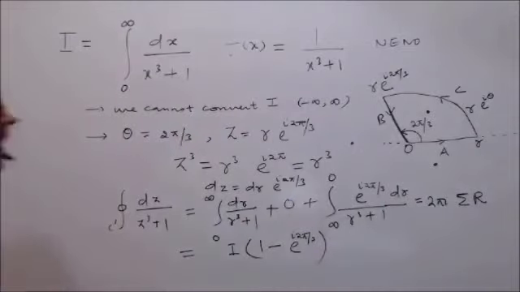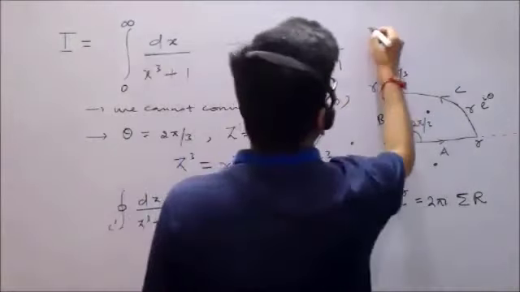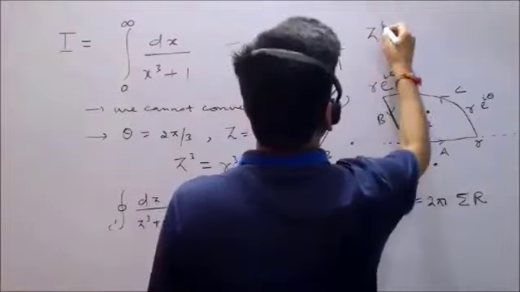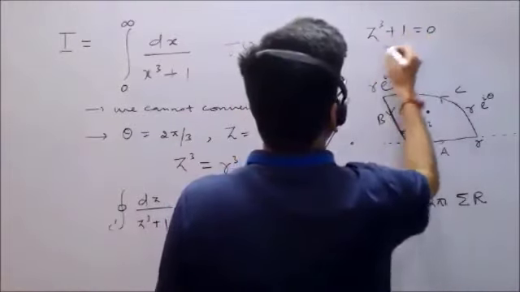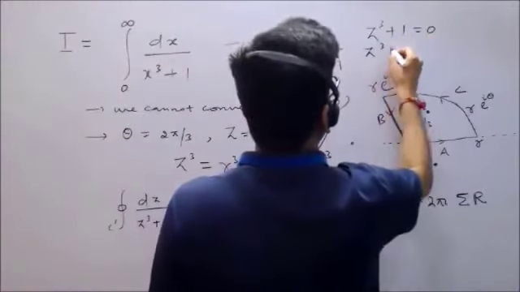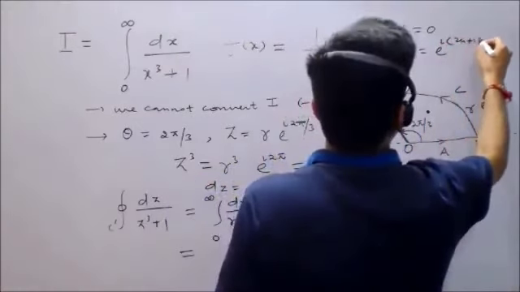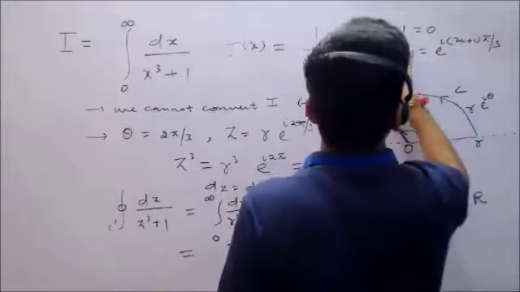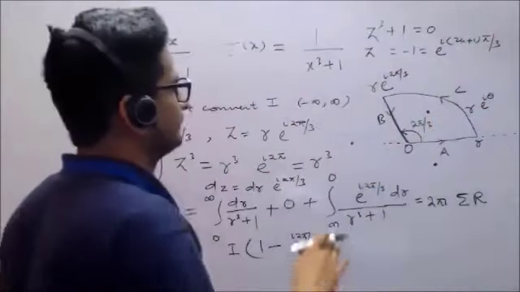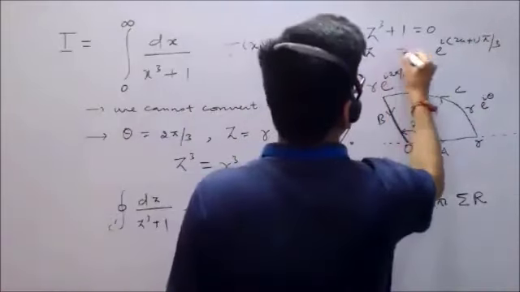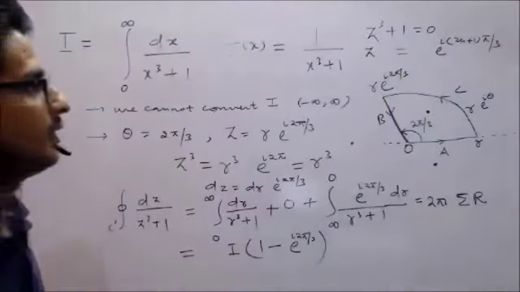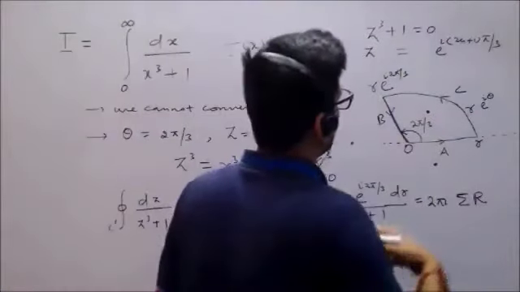Calculate the pole. You know how to calculate the pole. Z cube plus 1 is equal to 0. So Z cube is equal to minus 1, e to the power I 2n plus 1 pi by 3. The value of Z. Okay. So put the value 0 first of all.